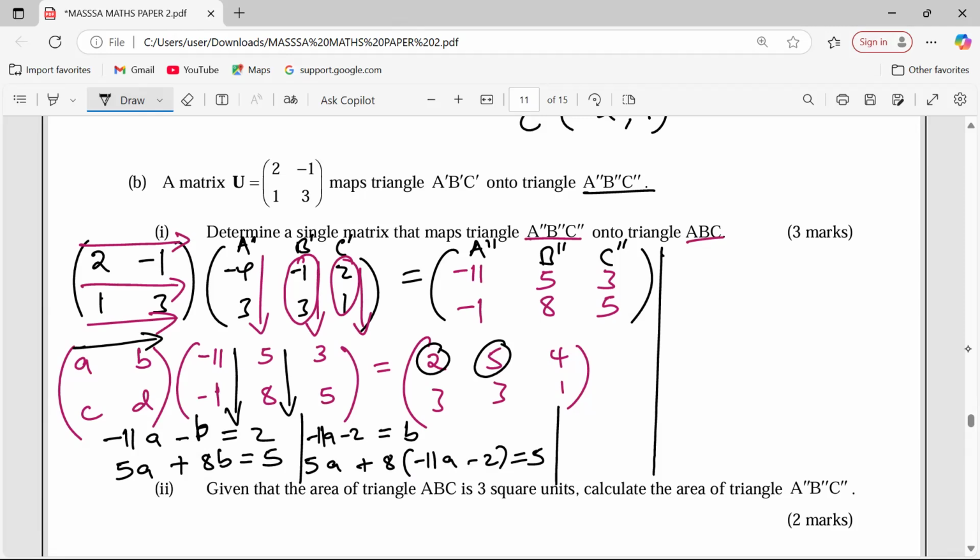Okay. So 5a minus 88a, then minus 16 equals 5. So 5 minus 88, this will give us negative 83a equals, this is equivalent to 5 plus 16, giving me negative 11.